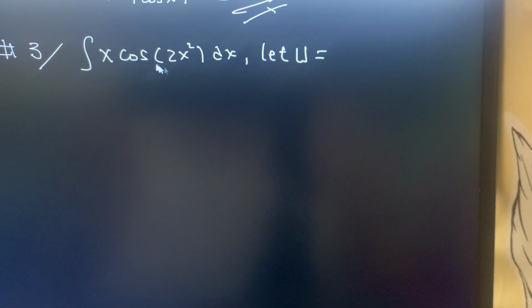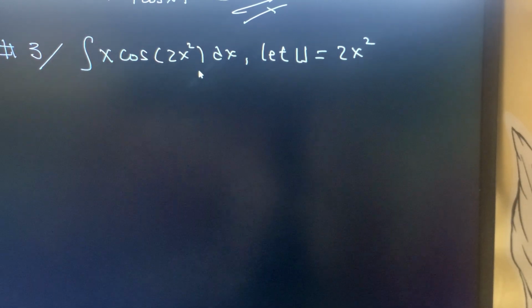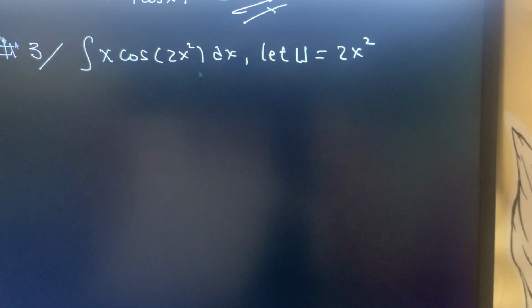My u is the one inside the parenthesis, which is 2x squared. Always remember, when we choose our u, it should be something inside the parenthesis, or something in a square root, or something a little bit weird, a number and variable, something like that. Most likely, about 95% of the time.